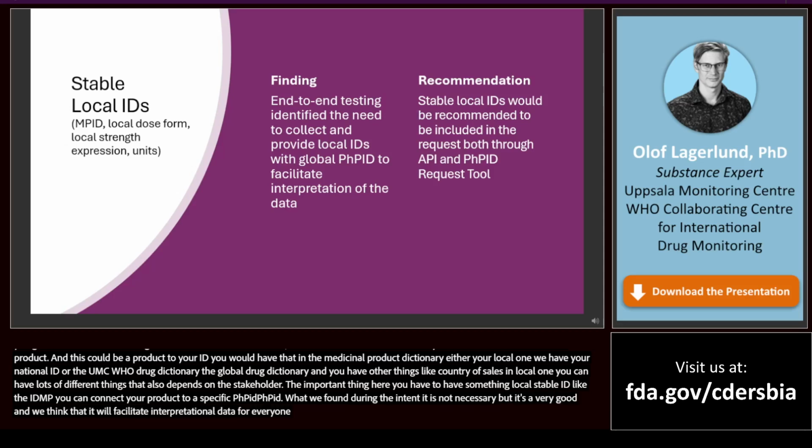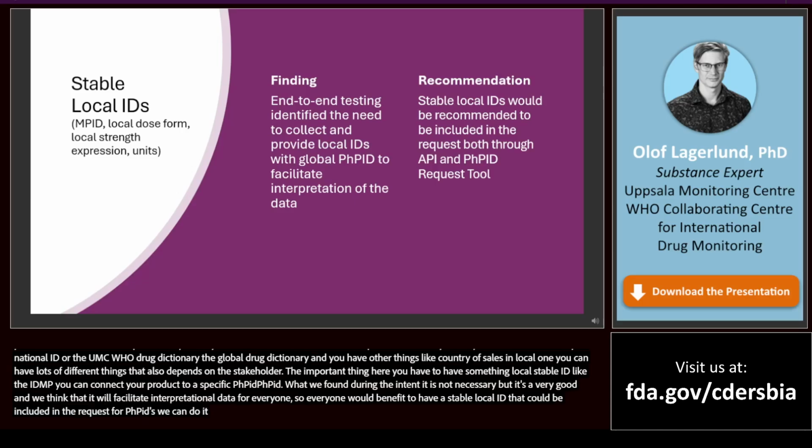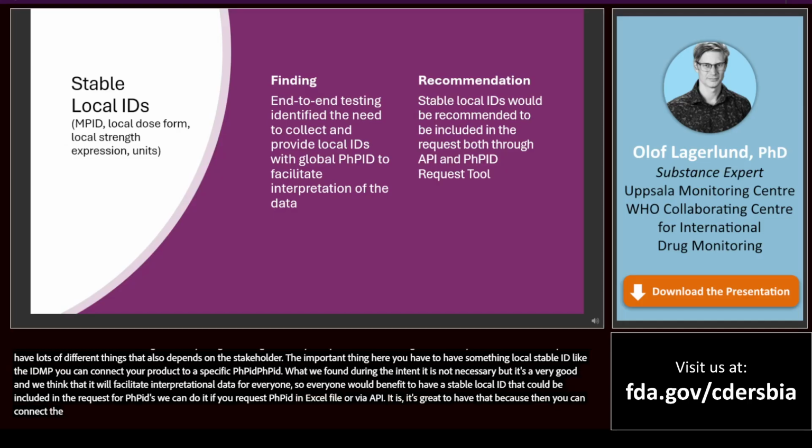So everyone would benefit if you have a stable local ID that could be included in the request for PhPIDs, and we can do that if you request a PhPID in an Excel file or via FHIR API. It's great to have that, because then you can connect the local ID to the PhPID.